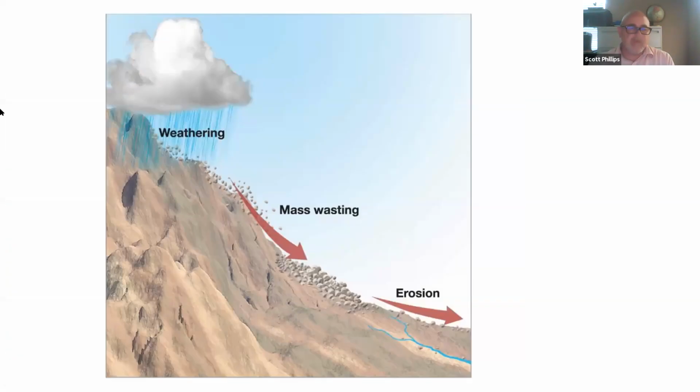As rocks become weakened, gravity can roll them downhill. We call that mass wasting, just the movement of material by gravity. And lastly, things get washed away by rivers, wind, and ice, and that's called erosion. The combination of plate tectonics and these wearing down processes is what gives us the physical environment we have today.